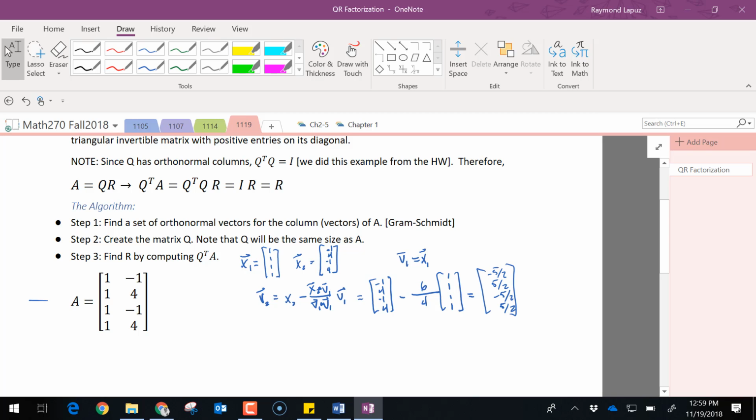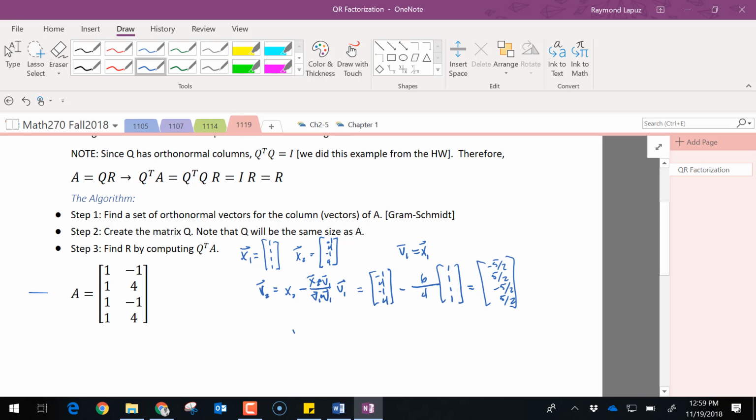Now, in this particular problem, we stop here because there's only 2 columns. But if we had a third column, then we would have to use v2. And I don't know if you guys know this trick, but instead of using the v2 that we found, we can create a v2 star or prime. I think they call it prime in the book.